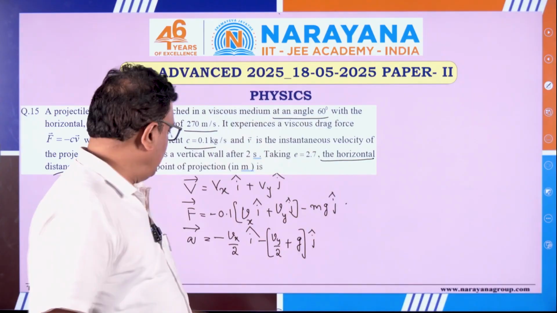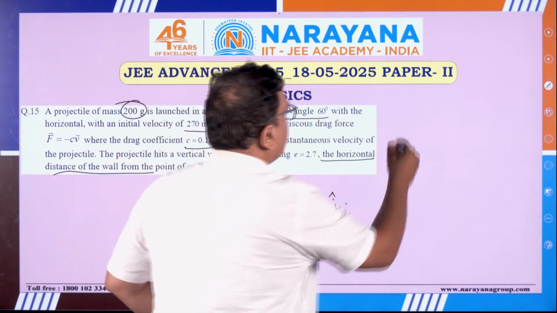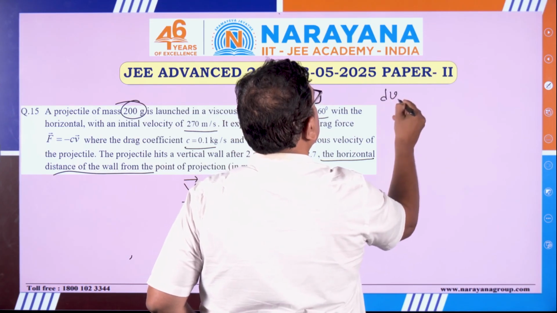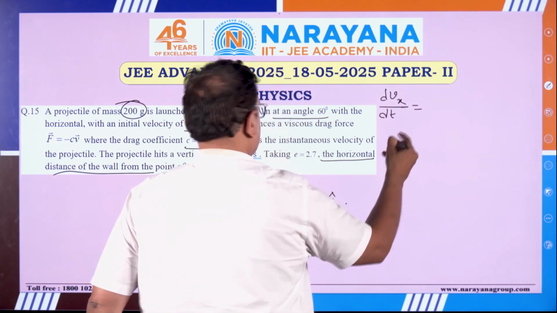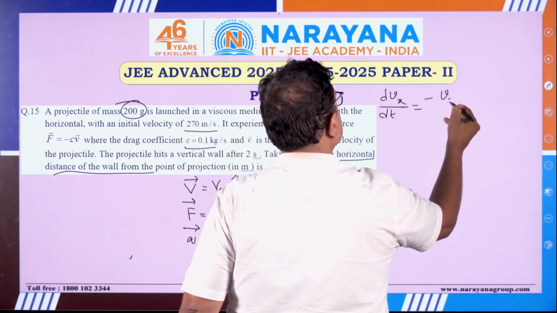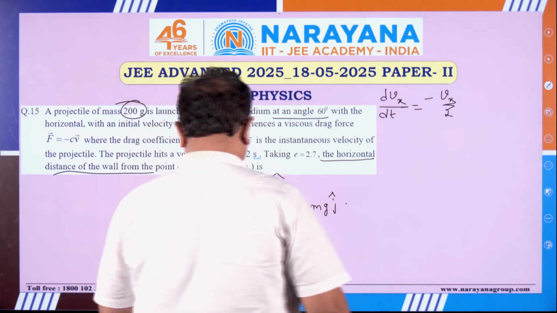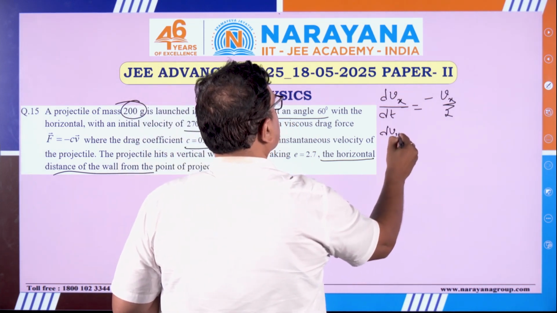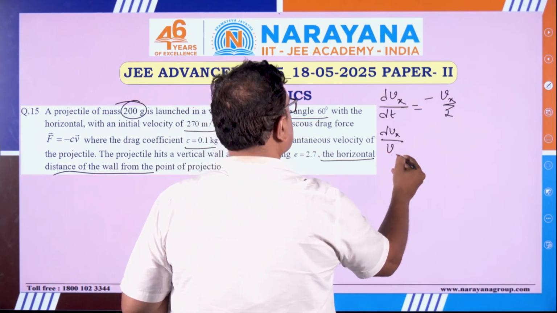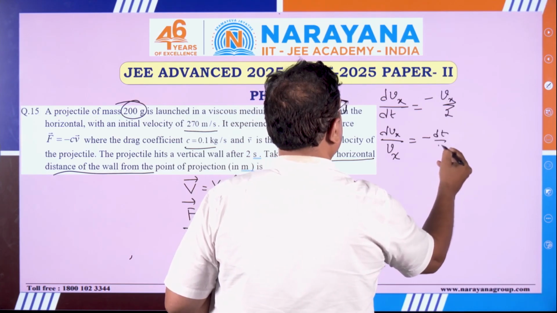So if you allow me this A bar term, you can write dVx by dt is minus Vx by 2. No issues. From this I can write dVx by Vx is minus dt by 2.